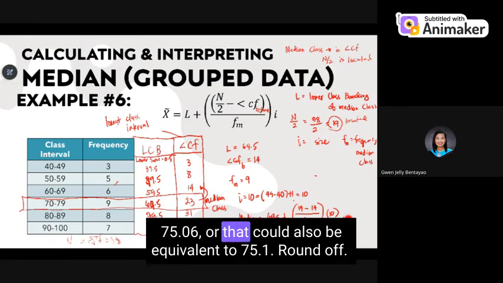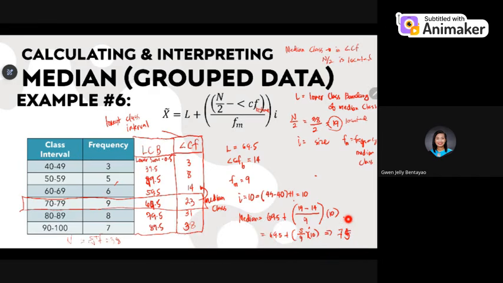That's 75.01, 75.06, or that could also be equivalent to 75.1. Okay, round off. All right, so that's it.